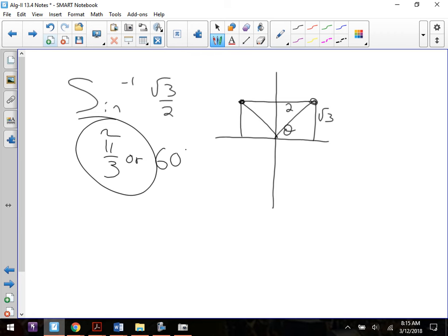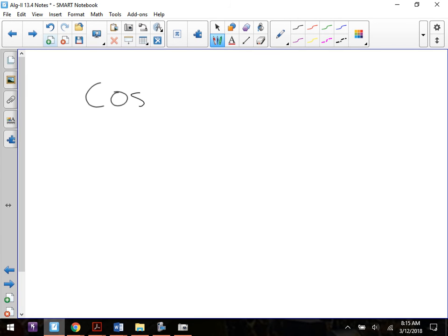All right. Let's think of another one. What about this? What angle has a cosine of 2? What's that? Correct. Why? Right. Can you have any?